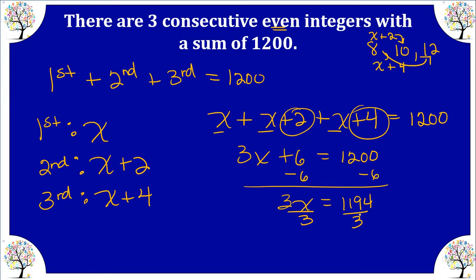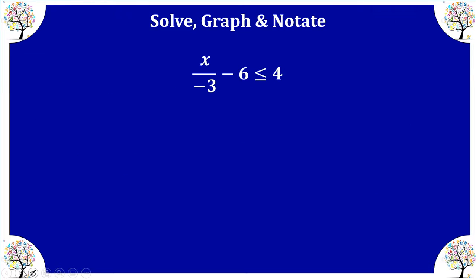And let's use our calculator. 398 is our first number. To get to the next even number, we would add 2, so that would be 400. And then we would go to 402. So those are the three numbers.